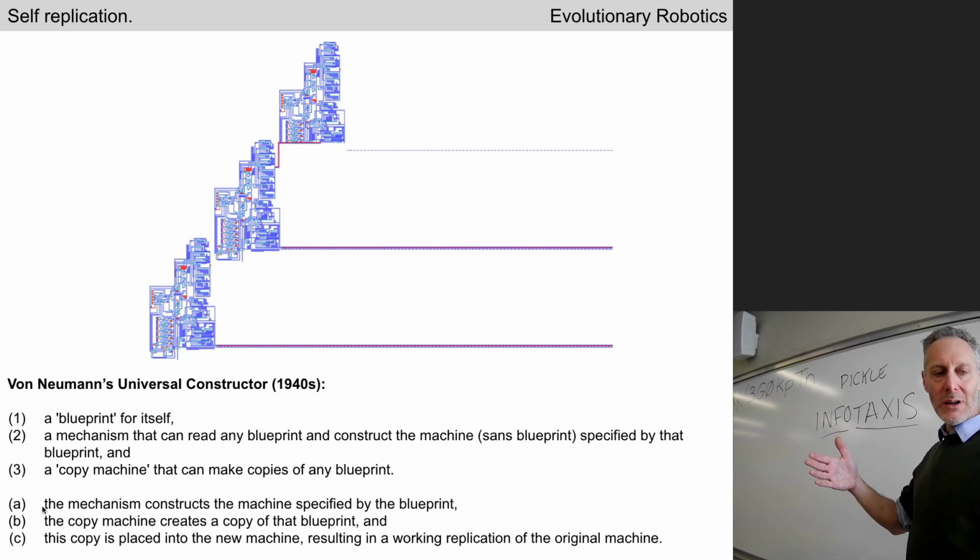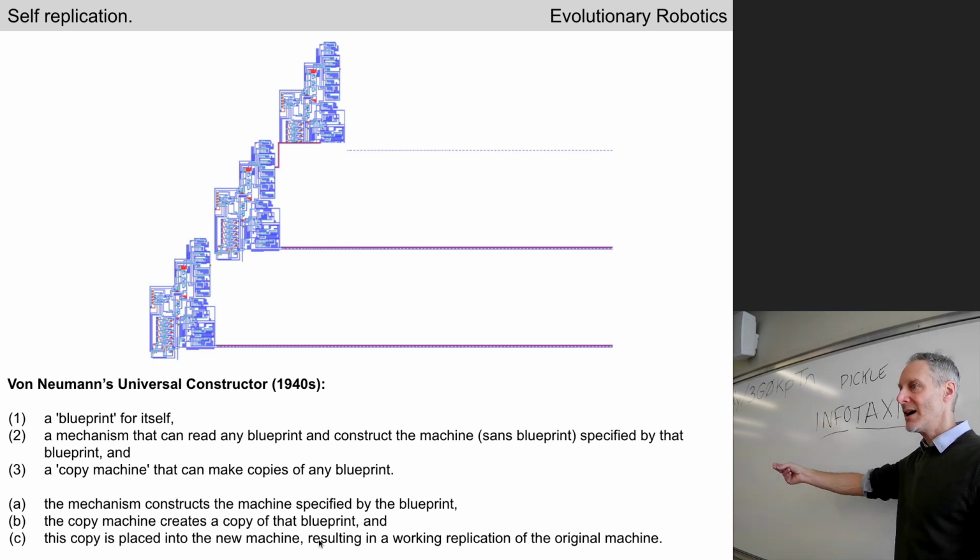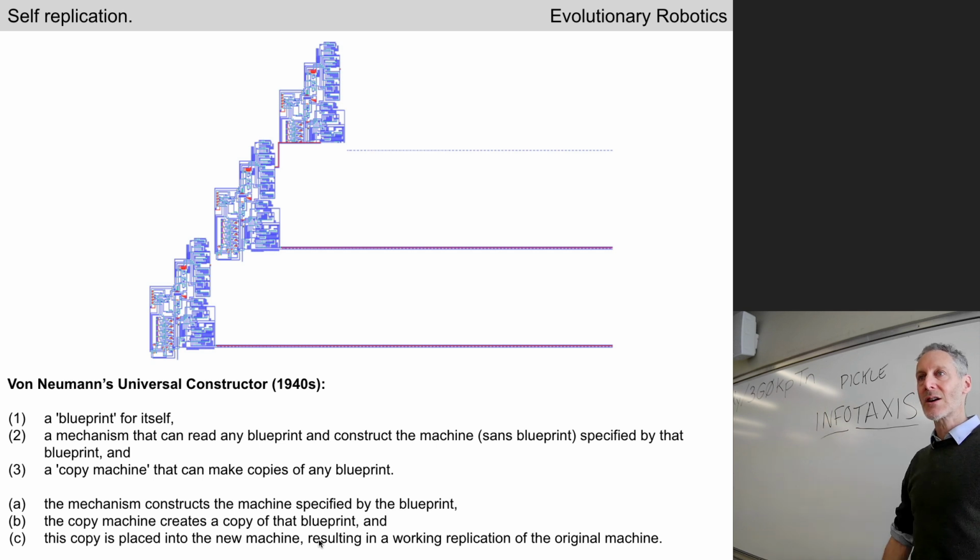When this is all working, you have the mechanism, component number 2, that constructs the machine specified by the blueprint. What does it do next? The copy machine, part 3, creates a copy of the blueprint, which is part 1. And then this copy is placed in the new machine, and the moment it's set inside, boom, it turns on and starts going.